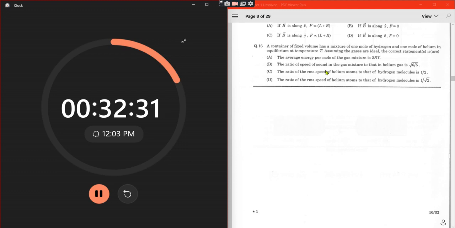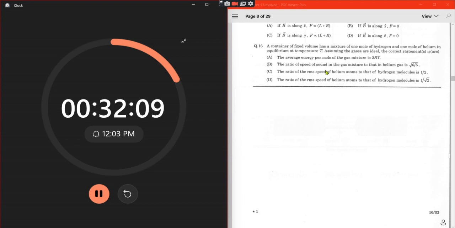It's like gamma hydrogen upon 2 plus gamma helium upon 2 basically, just the average of these guys. Very weird. And then total pressure is right. Yeah, that looks all right.